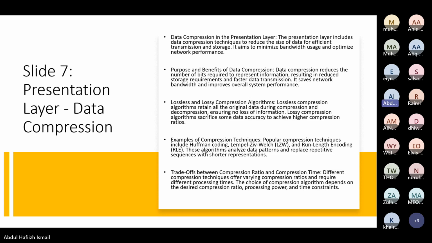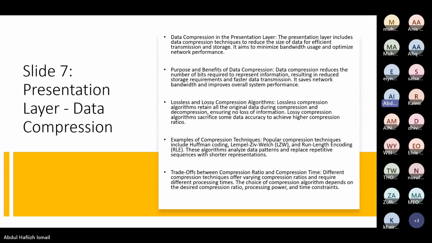So the benefits of data compression are significant. First, it reduces storage requirements by compressing data into a more compact form. So this results in reduced disk space usage, allowing for more efficient storage of data.